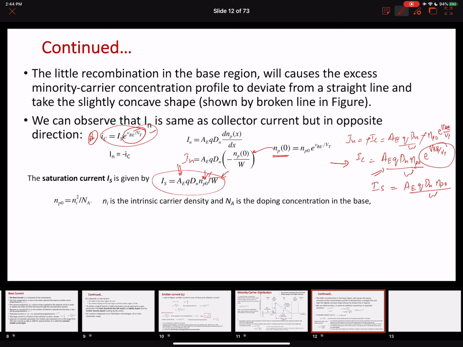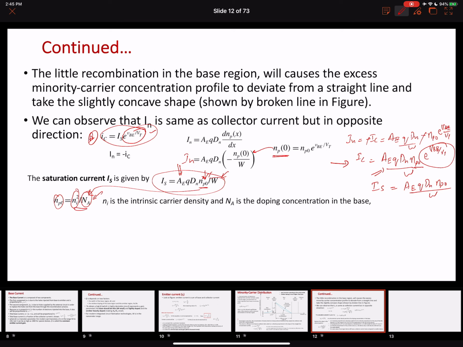In more detail, this NP0 can be rewritten, coming from chapter 3 again, the fundamentals of the PN junction. The value of NP0 is proportional to the doping concentration of the base region, and is also directly proportional to the intrinsic carrier density of the region.